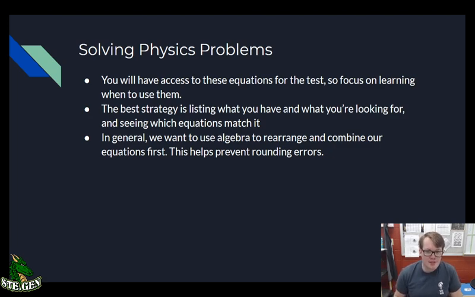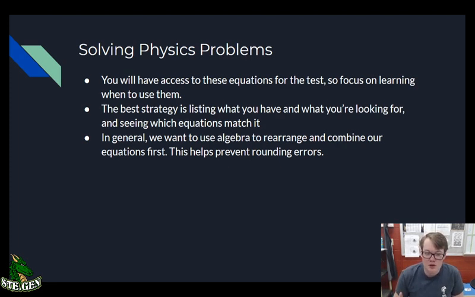And then since you have access to all these equations, you can just go back and see which one has all the pieces or has the one I'm missing and I have enough to solve it. You don't always have to use the really big ones. Sometimes you can get away with the smaller ones. But if you look at what you have on your paper and what the equations need, you should be able to figure out what you're looking for with critical thinking.